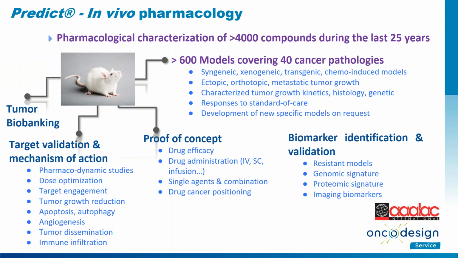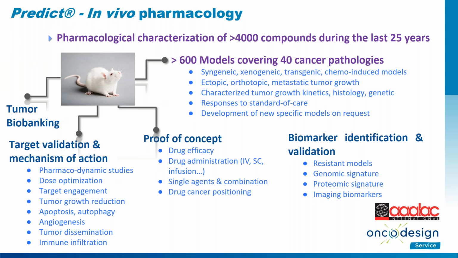So including all types of tumor models that we have investigated and developed in mice or in rats. Of course, syngenic, xenogenic, transgenic, and chemo-induced models with many different tumor growth sites: ectopic, orthotopic, or with metastatic growth.